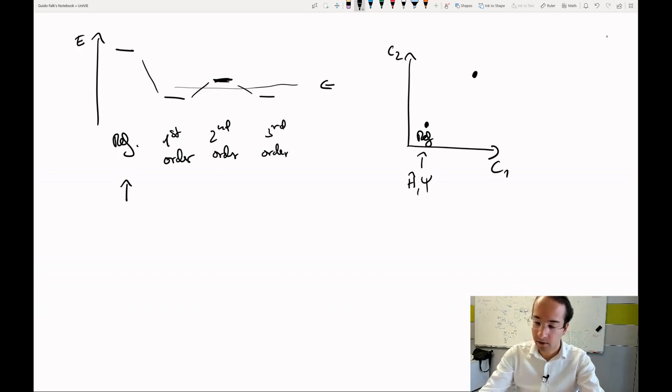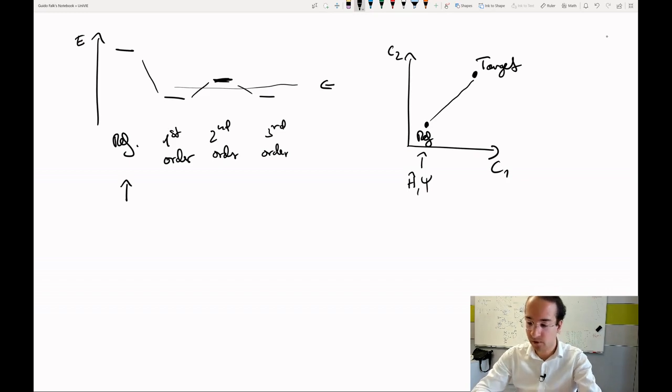Now, we have another one, which is a target. And for simplicity, we will connect them. We will force any such path, or we'll define some path that gets us from one to the other. And this will be a one-dimensional path. So it reduces complexity.